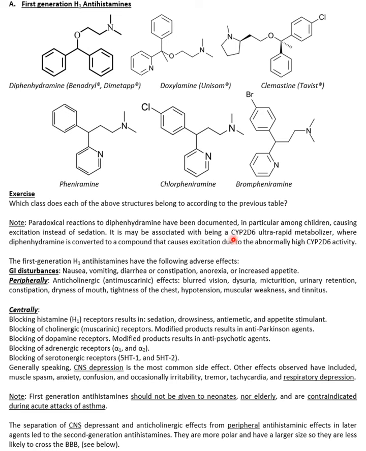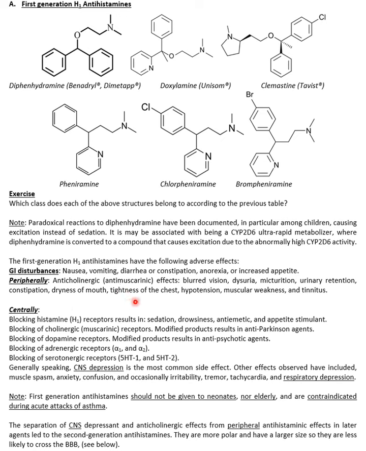So it's believed that these kids have this enzyme which is responsible for converting diphenhydramine into a compound that causes excitation. And this excitation does not happen all the time, only in a few children. This is actually one of the reasons why the first generation antihistamine is not recommended for children in general, not just neonates.